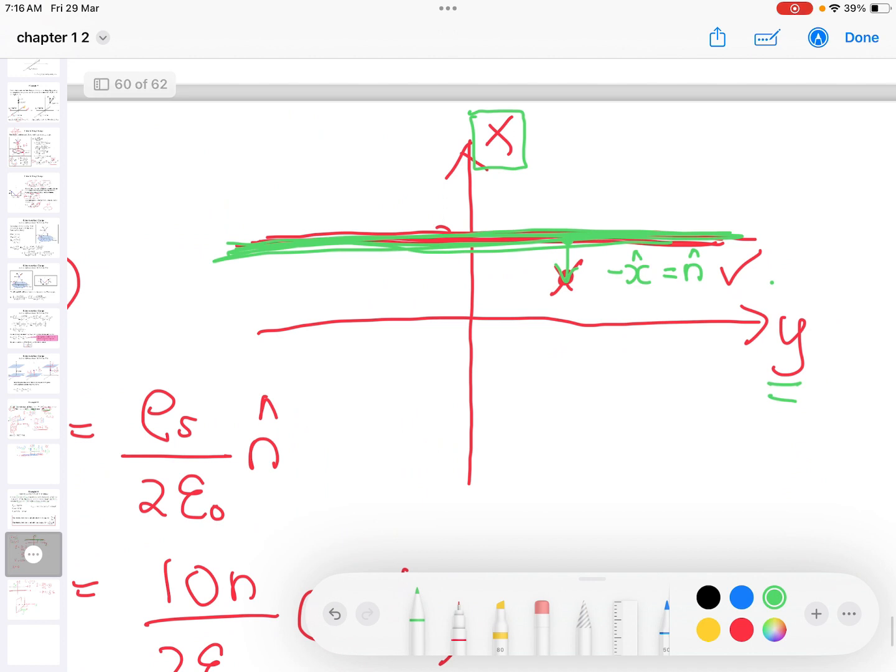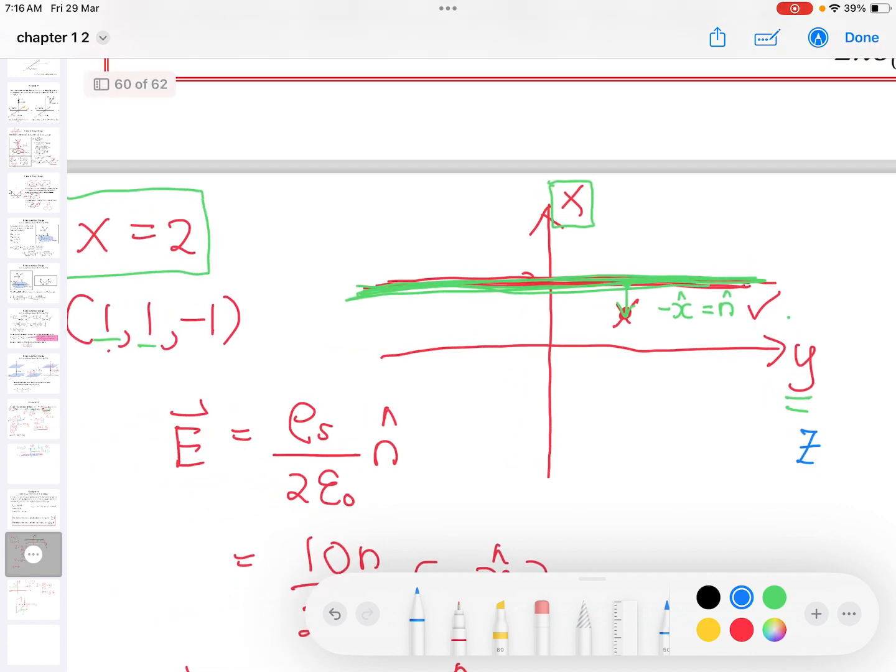So if I pick this axis to be, for example, z, I will see this as 1, negative 1. So x is 1, here, and negative 1 is here. So this one will be the point.